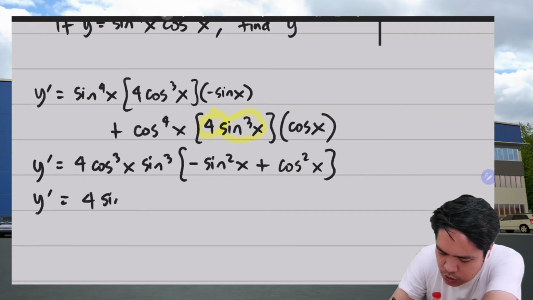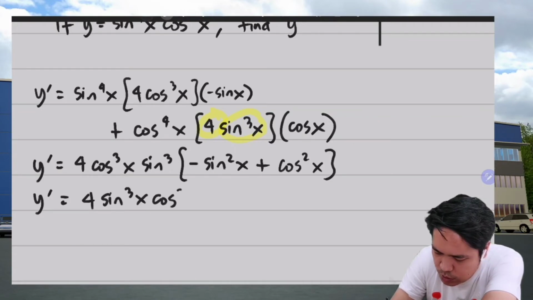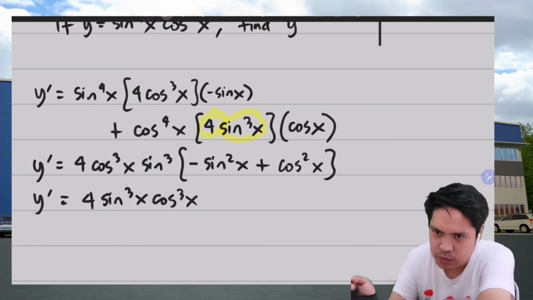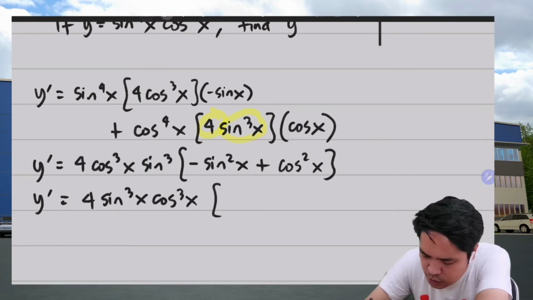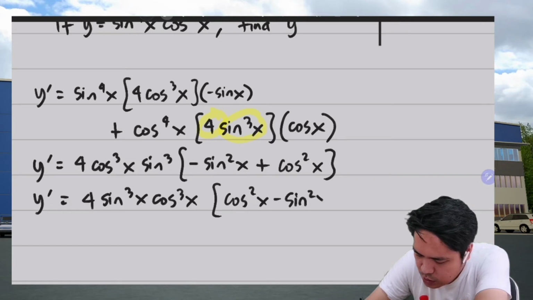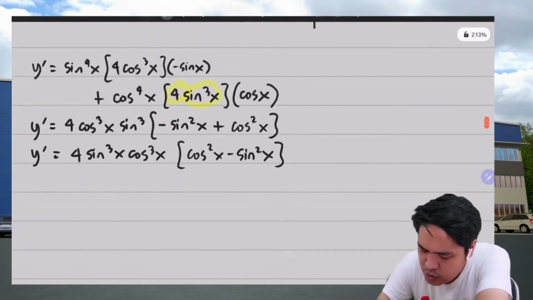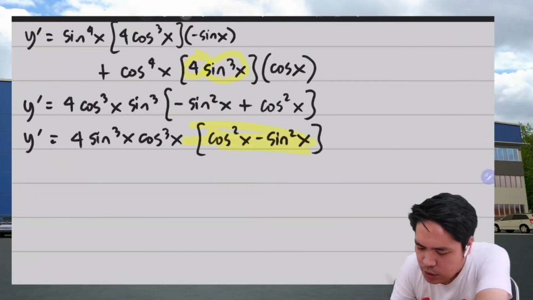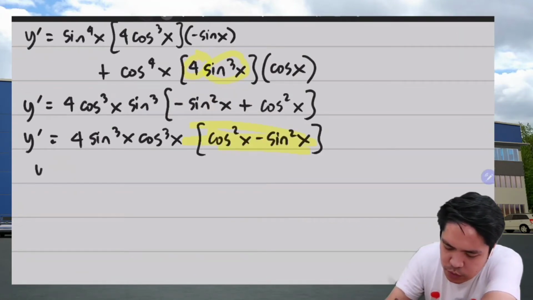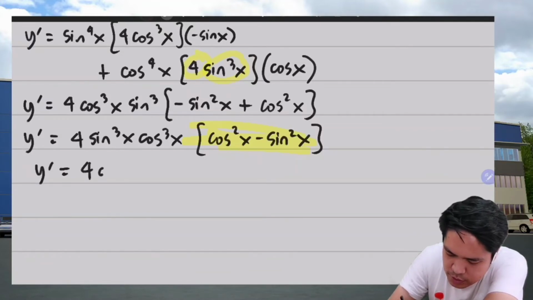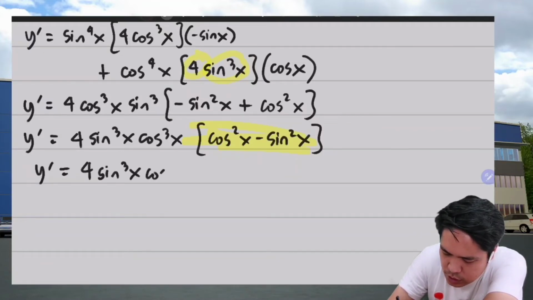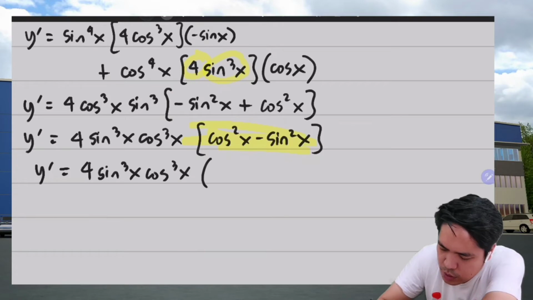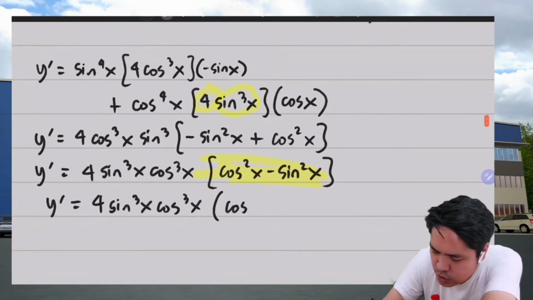If you rewrite this as sine cube x cosine cube x, it's the same. Times, if we rearrange this, cosine squared x minus sine squared x, this is a familiar identity. Right? This is the double angle identity for cosine. Therefore, we could rewrite that as sine cube x cosine cube x times cosine 2x.